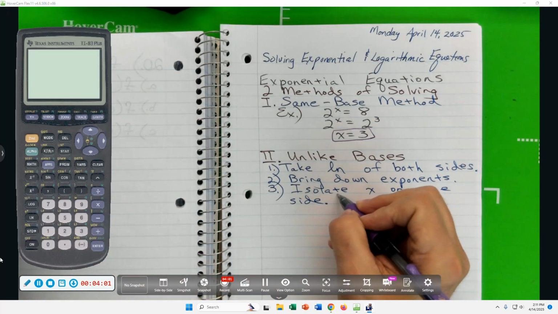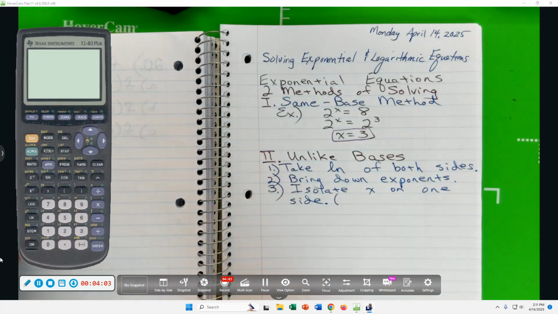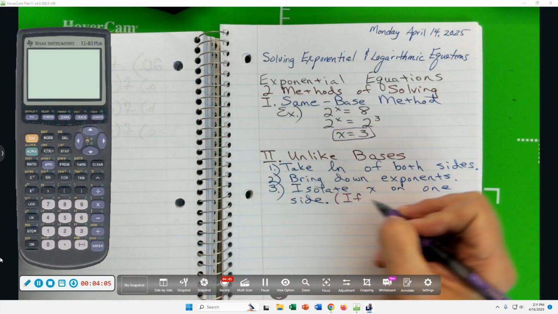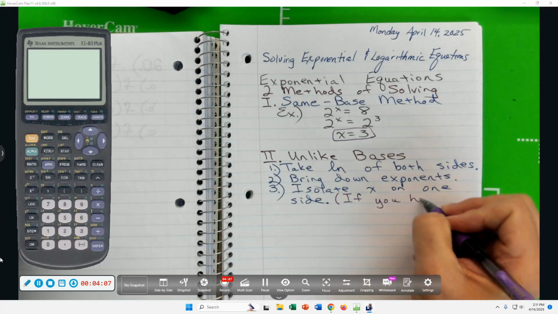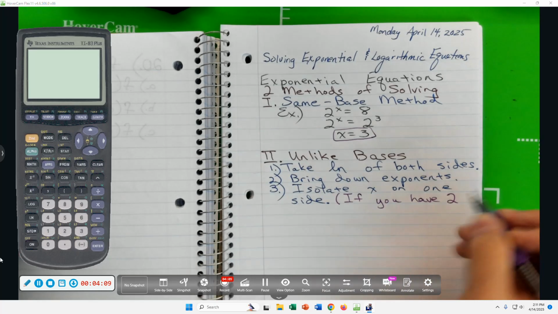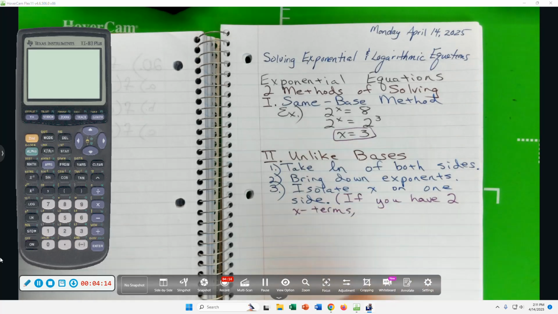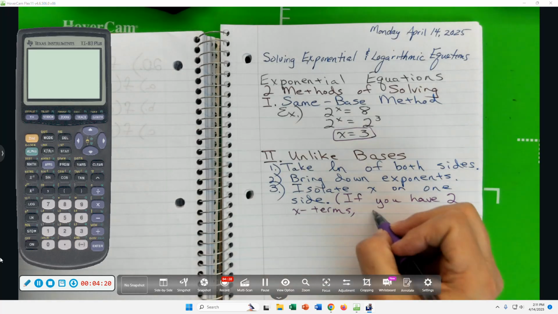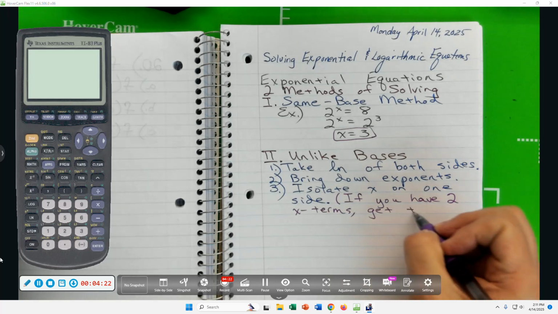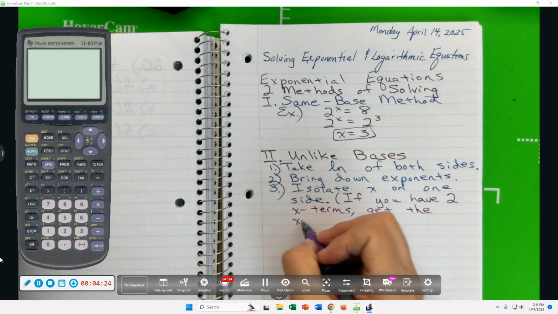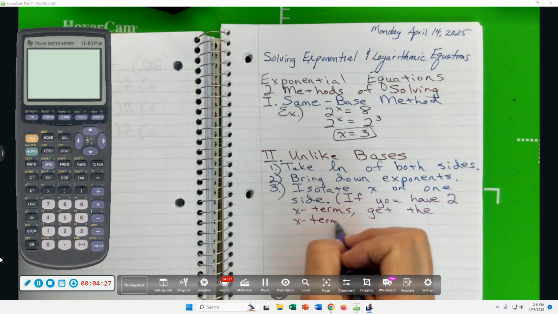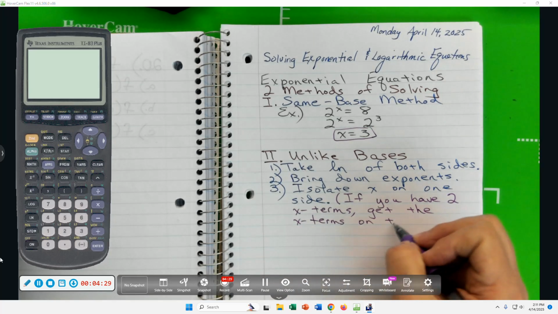Isolate x on one side, so I'm going to say, if you have 2 x terms, get the x terms on the same side and factor out the x. You'll see what I mean in a moment. Get the x terms on the same side of the equation.